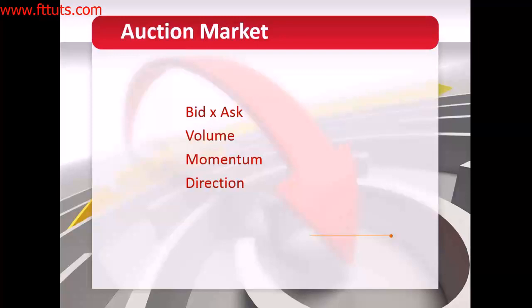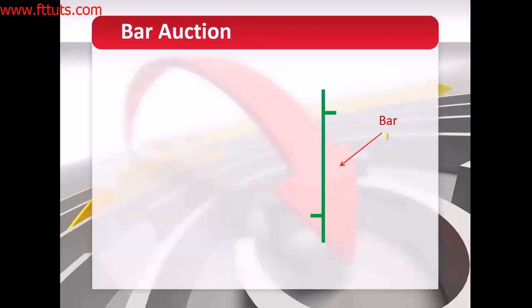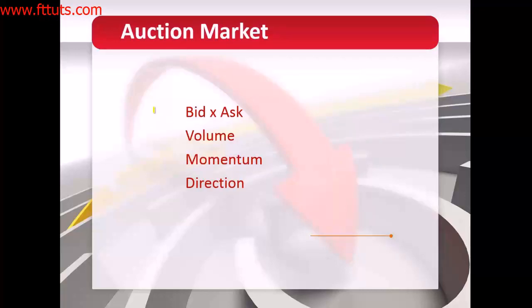The first concept has to do with the bid and ask. Anytime you're trading in a financial market, there are bidders, or buyers, and there are sellers. For a transaction to take place, someone is bidding and someone else is offering, or their offer is the price that they're asking in order to sell. Now, whether you are looking at a bar chart or any of the other types of charts, all of these key elements are going to come into play.